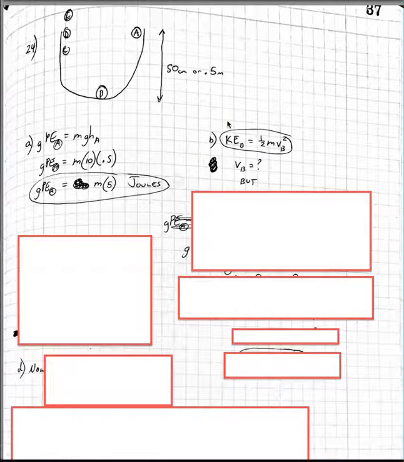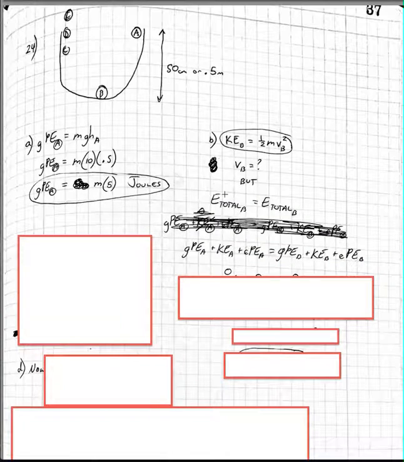Now, B asks, what's the kinetic energy at point B? Well, we know the kinetic energy is this, but what is the velocity at B? So we look and we say, if nothing's interfering, then the total energy at A is the total energy at B. And there are three possibilities of the types of energy it could have at A and at B, but which ones does it actually have?